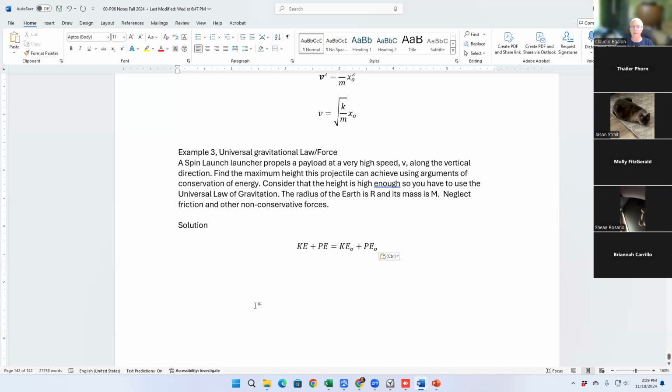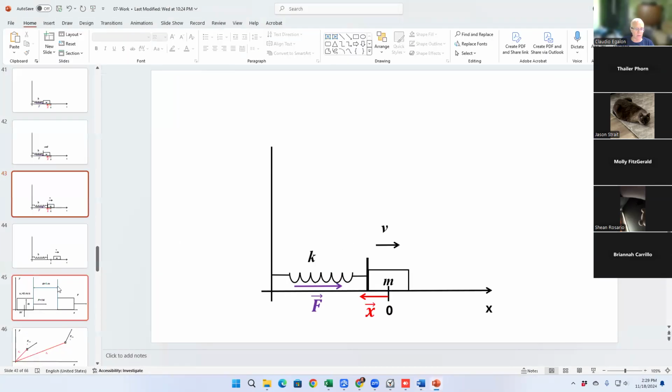So we know the velocity, so we are going to use conservation of energy. Final kinetic energy plus final potential energy is equal to initial kinetic energy plus initial potential energy. And I'm going to illustrate the situation here.